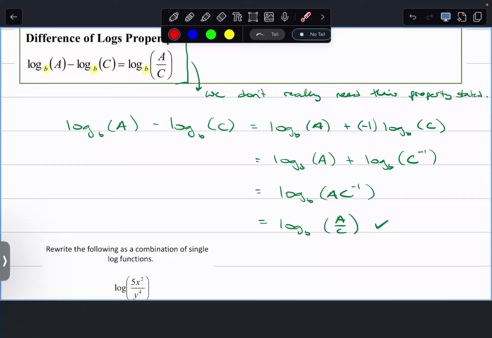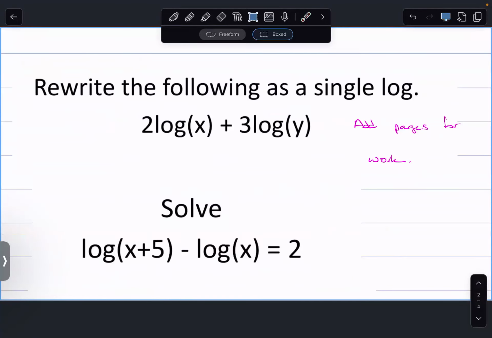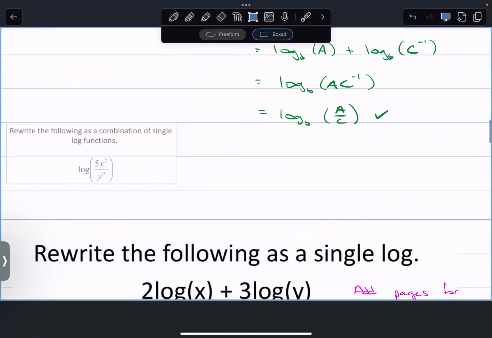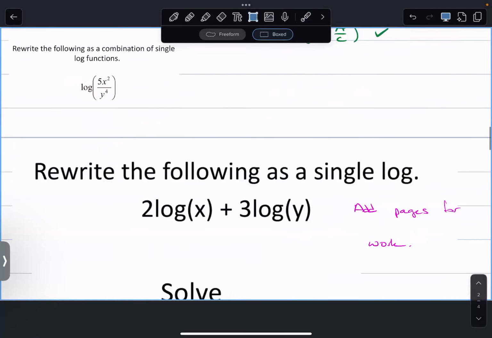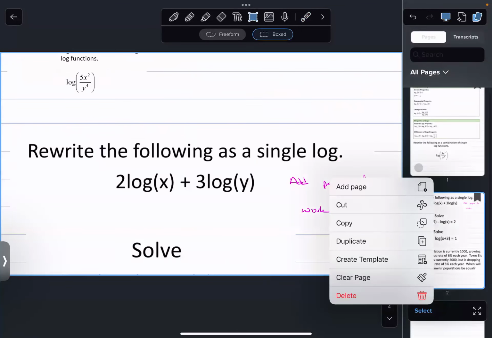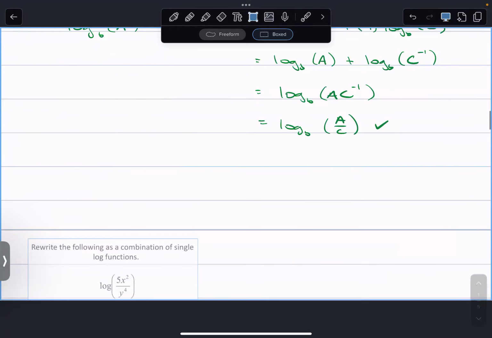Okay. We have to add a lot of pages here for our work. And maybe I'll even add a page here.